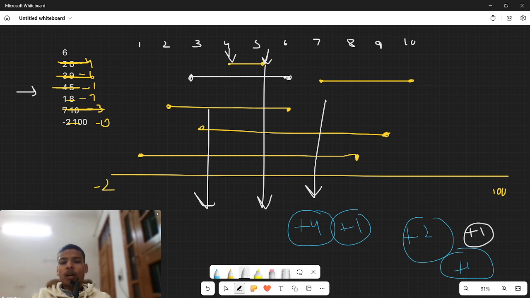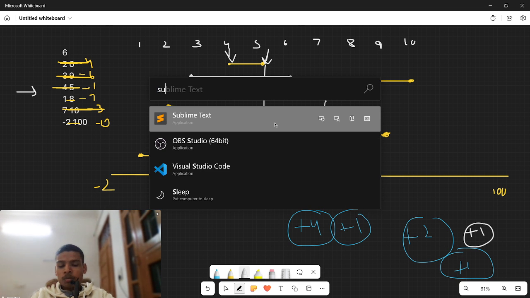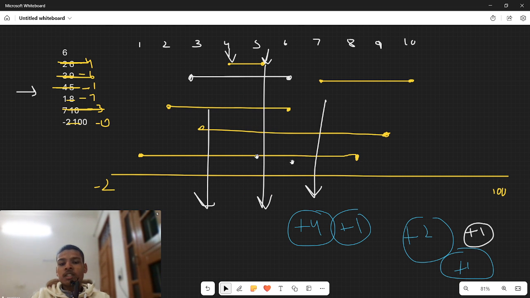Okay. So how to approach this, or how to implement this part? So we can easily implement this part using a ordered set in C++. I don't know about Java, so I will show you the C++ code here. Because implementation is this, or I can say intuition is this. First of all, sort the intervals according to their increasing sizes.